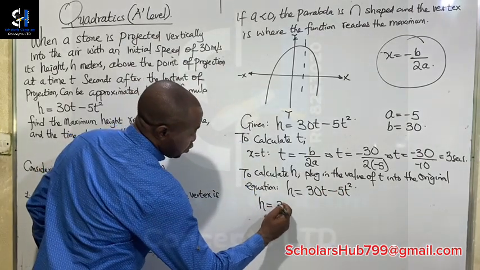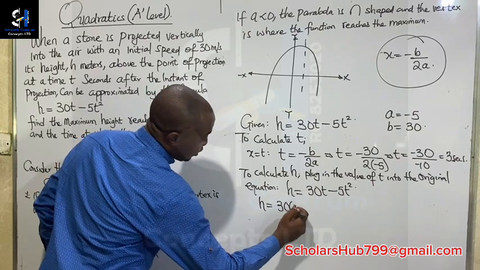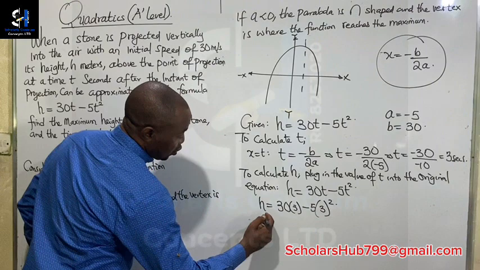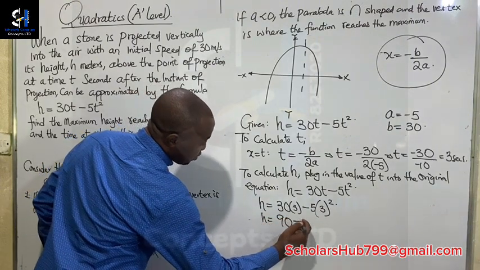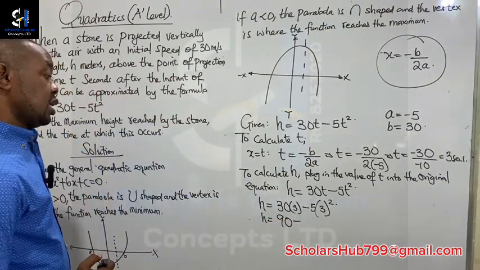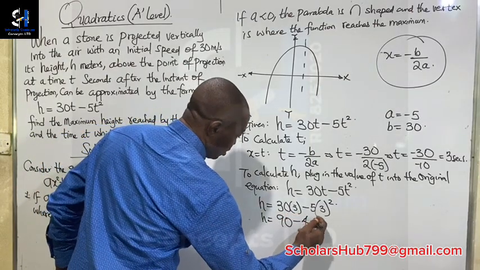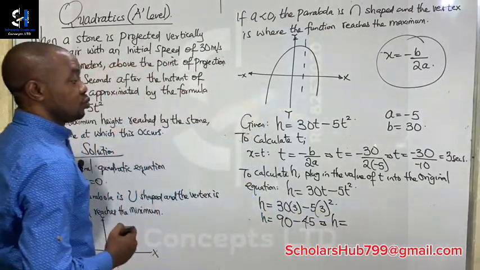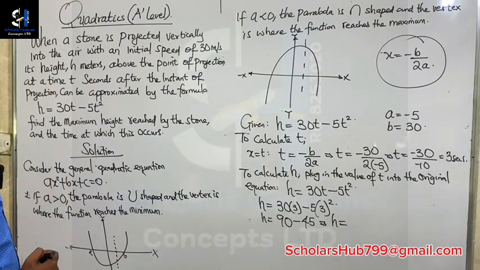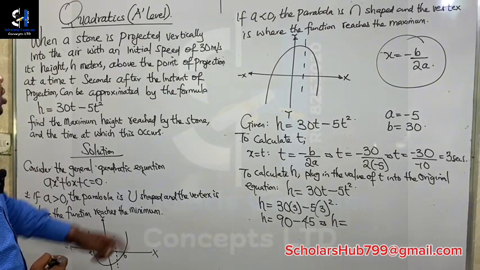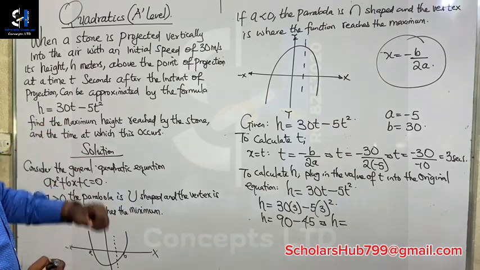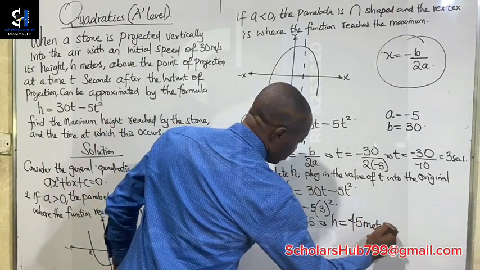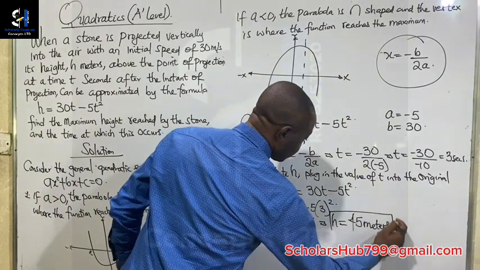So h equals 30 multiplied by 3, minus 5 multiplied by 3 raised to the power of 2. So h will be 90 minus 9 times 5, that is 45. The unit selected in this case is meters. So the maximum height will be 45 meters.